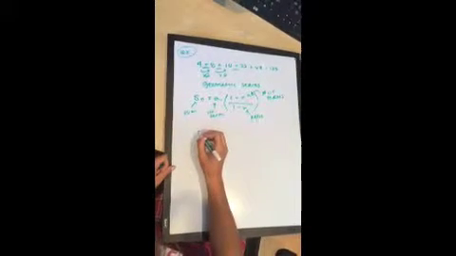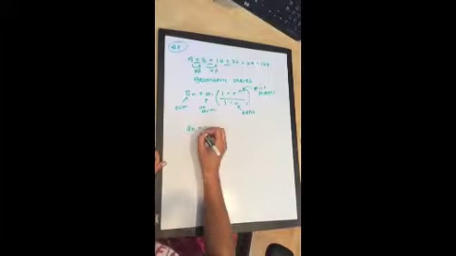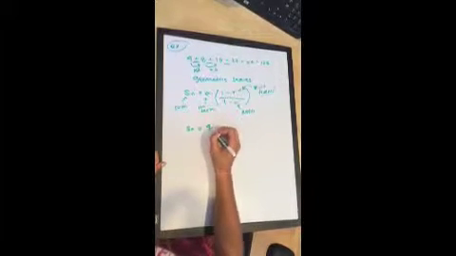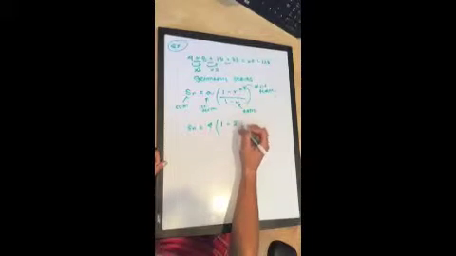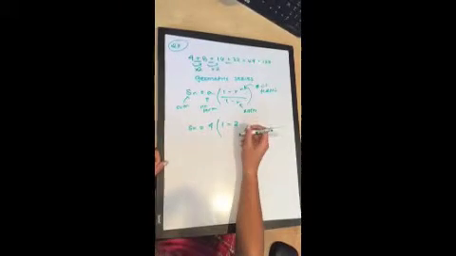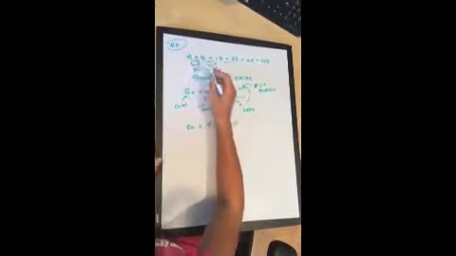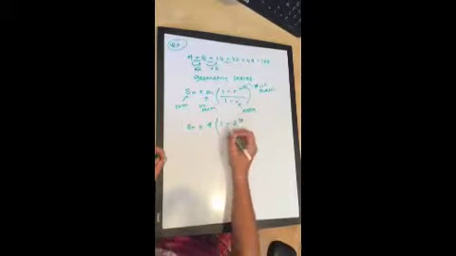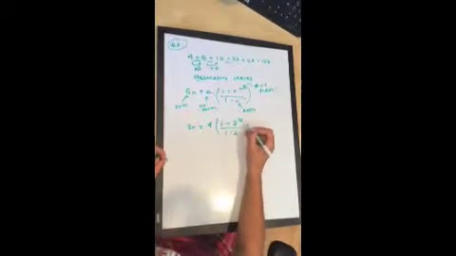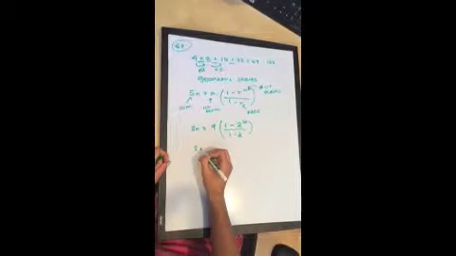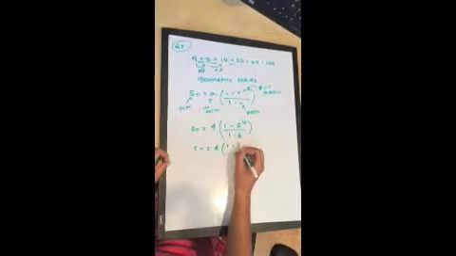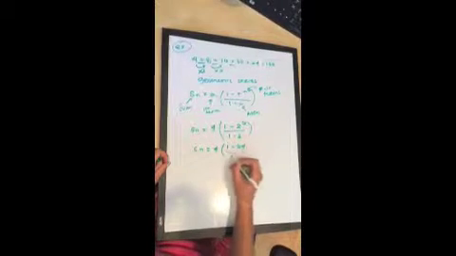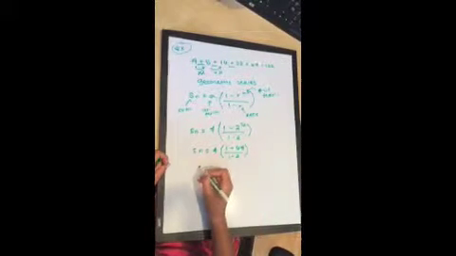So for this one, Sn equals 4, because that's the first term, times (1 minus 2 to the 6th), because 2 is the ratio of multiplying between terms and there's 1, 2, 3, 4, 5, 6 of them, over 1 minus 2. So Sn equals 4 times (1 minus 64) over (1 minus 2).